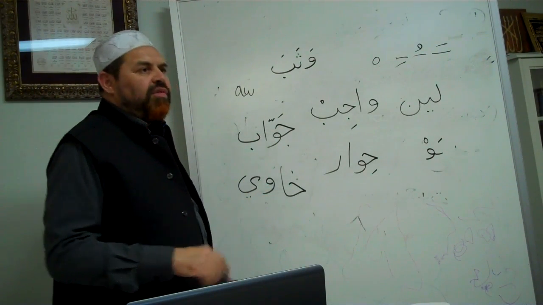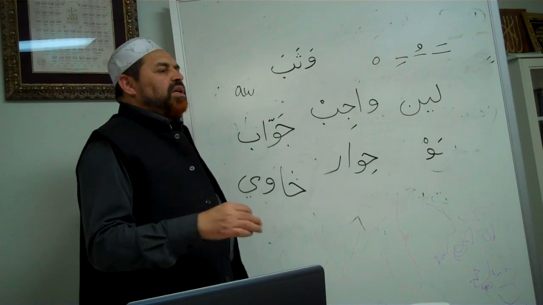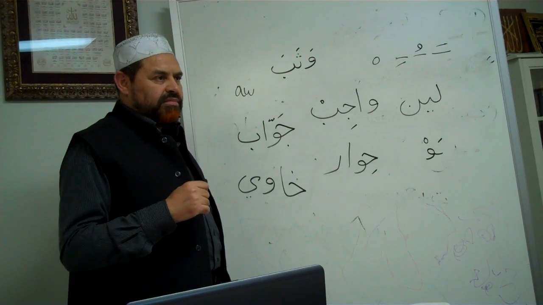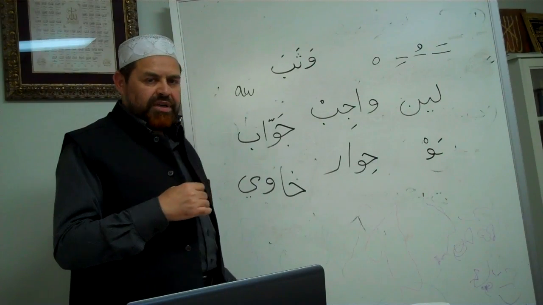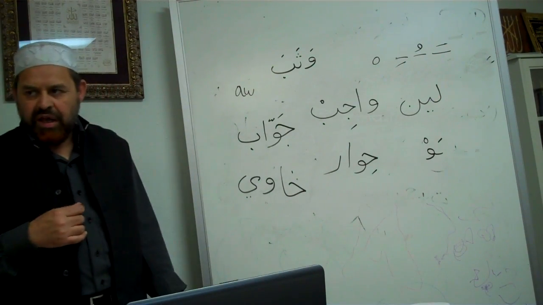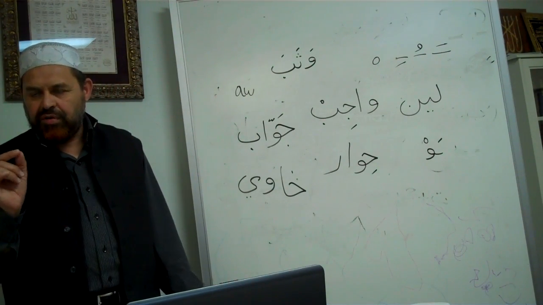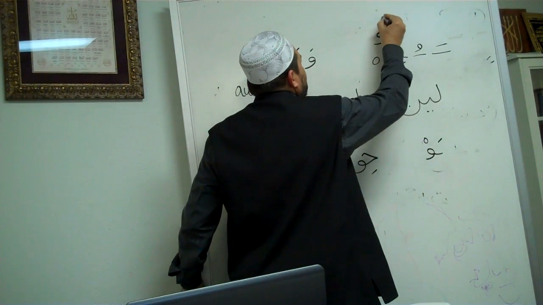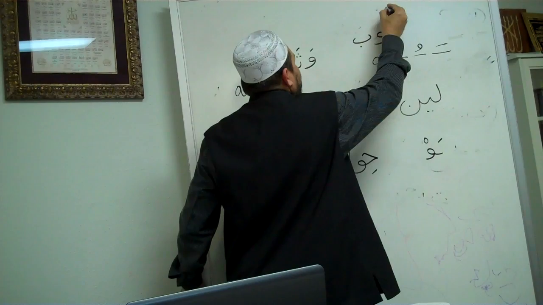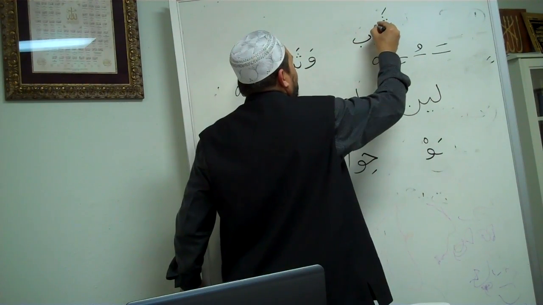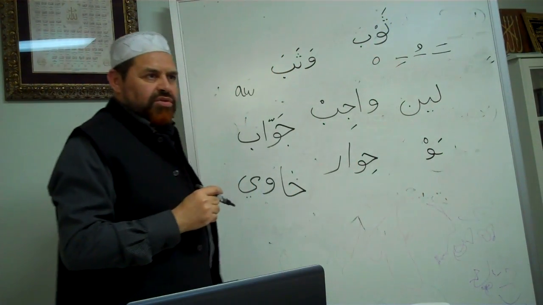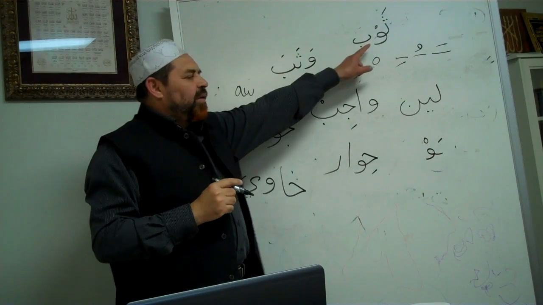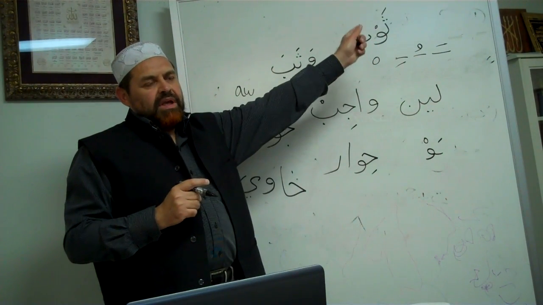So we have the word for this sound, thawb. Thawb means clothes. So this word thawb, if you write it in Arabic, fatha on tha, sukoon on vav, right? So you will read it.